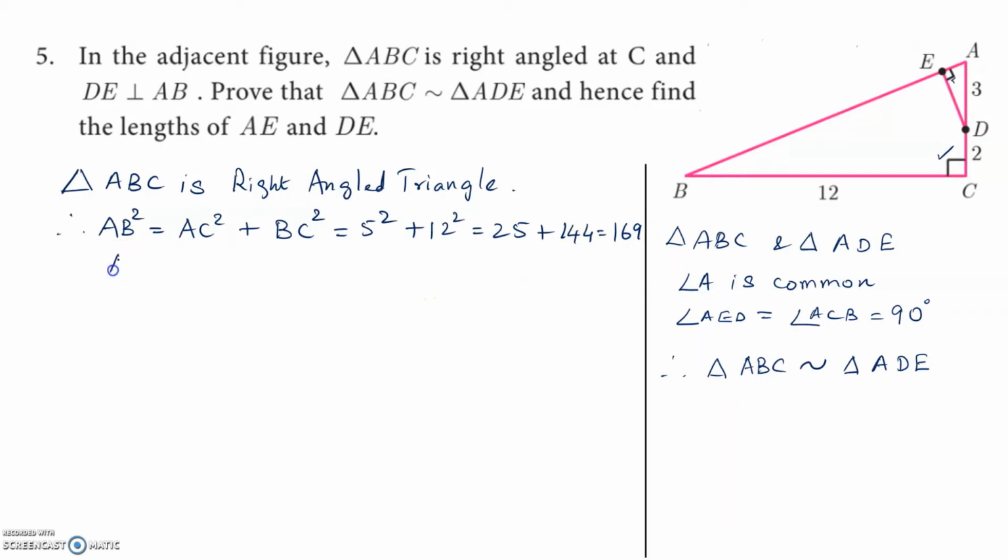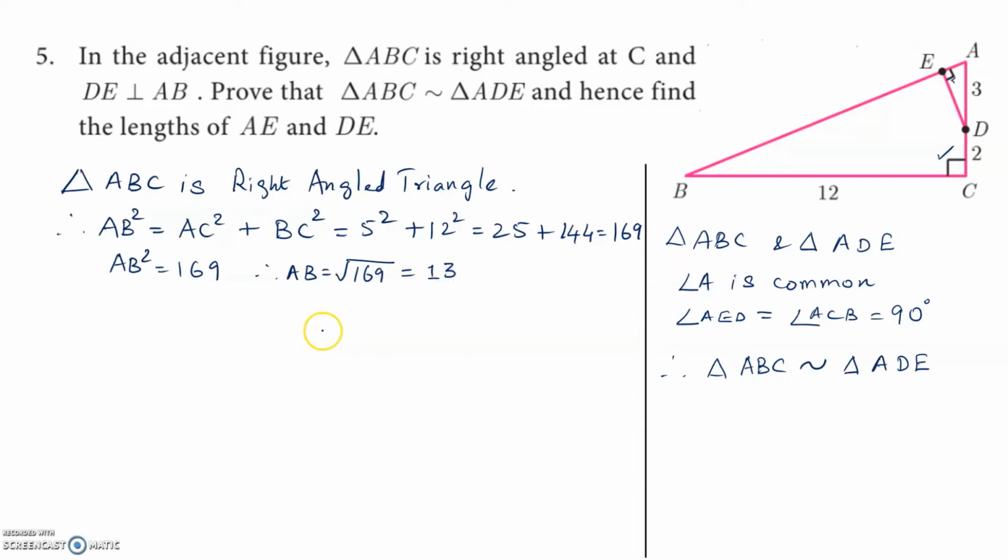So we have AB squared equal to 169. Therefore our AB is equal to square root of 169, which is equal to 13.